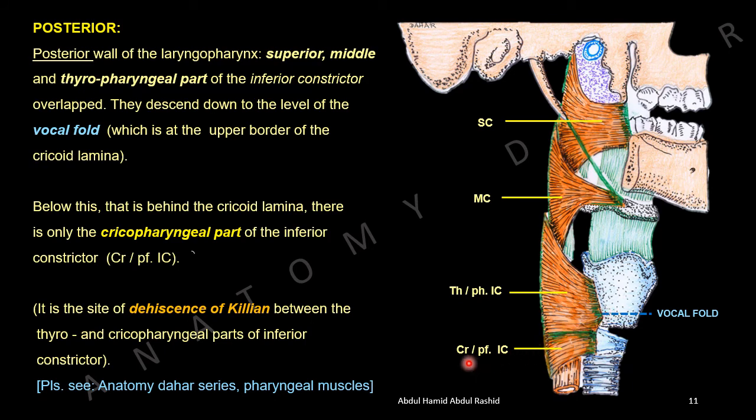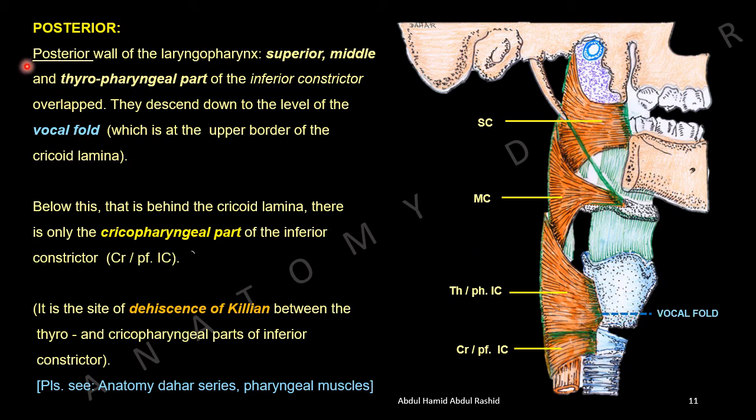This is the cricopharyngeal part of the inferior constrictor, arising from the cricoid cartilage. At the posterior part of the cricoid cartilage, we have the lamina. At the upper border of the lamina is the level of the vocal cord.